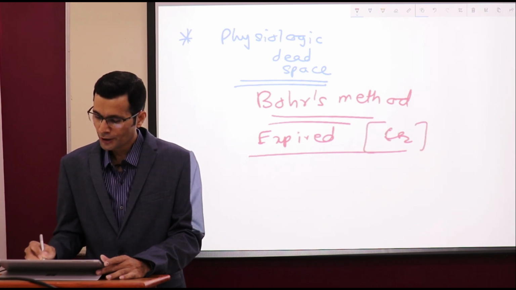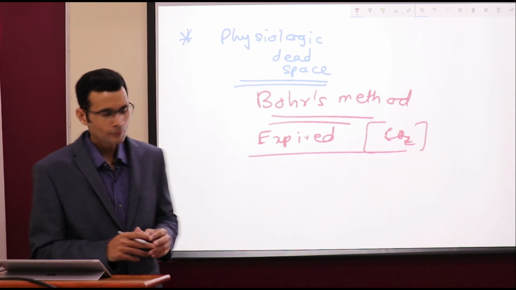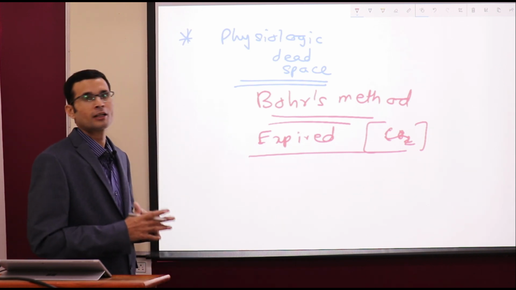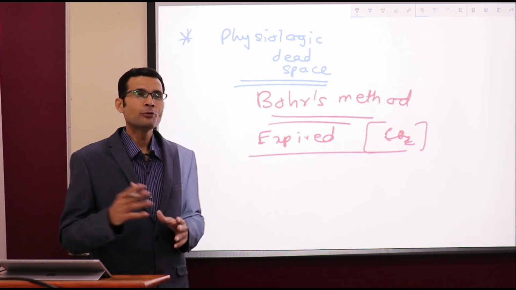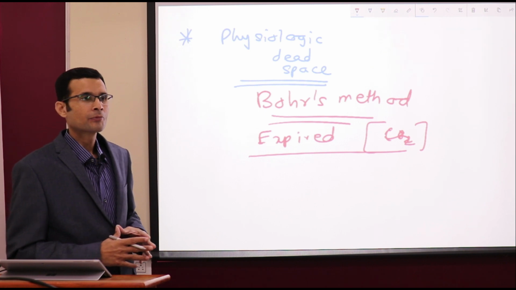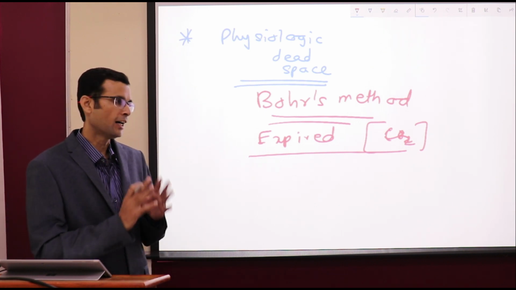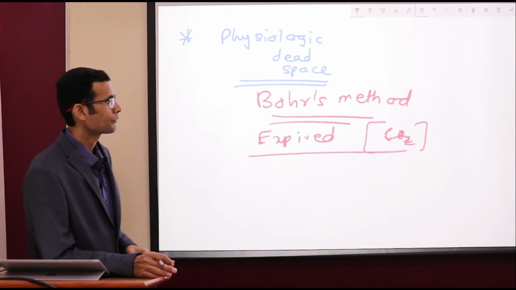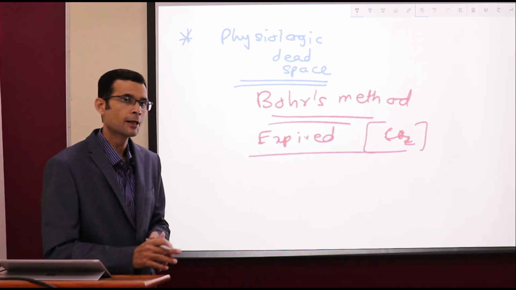A better term would be concentration of carbon dioxide in the expired air, or expired PCO2, the partial pressure of carbon dioxide in the expired air. Now, why do we select carbon dioxide? Its properties for the expired air are similar to nitrogen, that's A. So we could have chosen nitrogen, but we are instead selecting carbon dioxide.